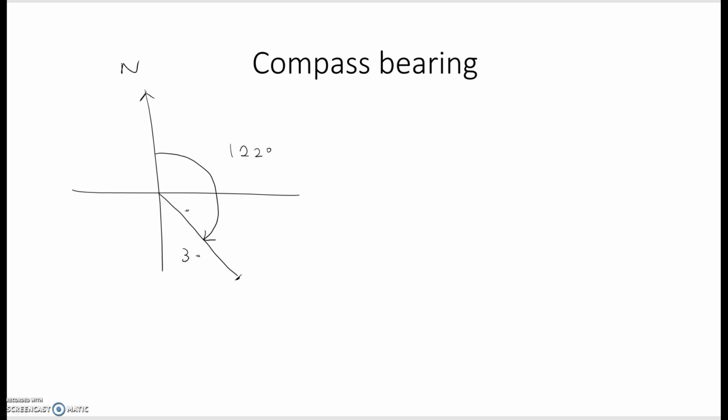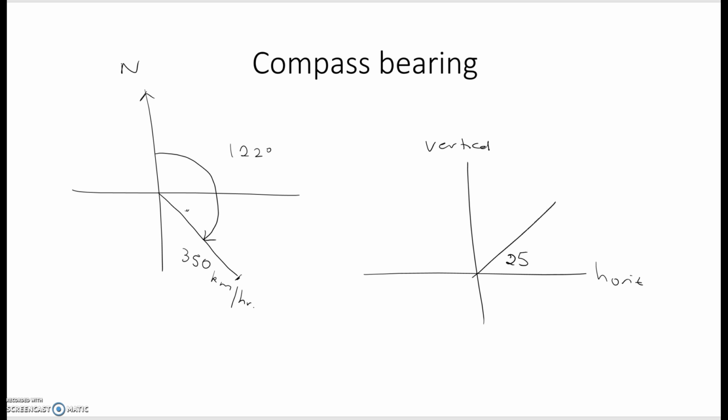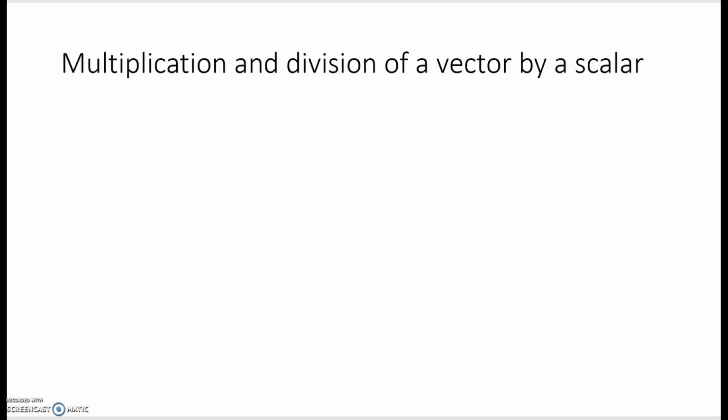Same length, 350 kilometres per hour. Now in maths we'd show it differently. We'd have on the axes the vertical component and the horizontal component, and we'd just have an angle from the horizontal and the appropriate length. So those are just different ways of representing a vector.